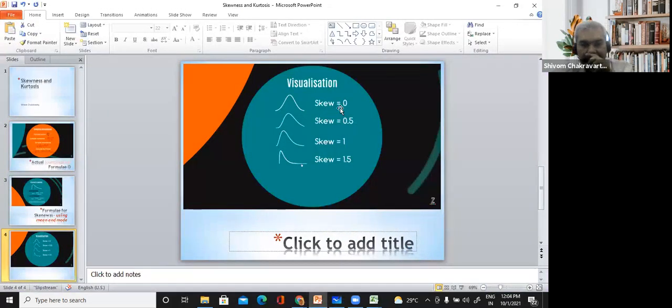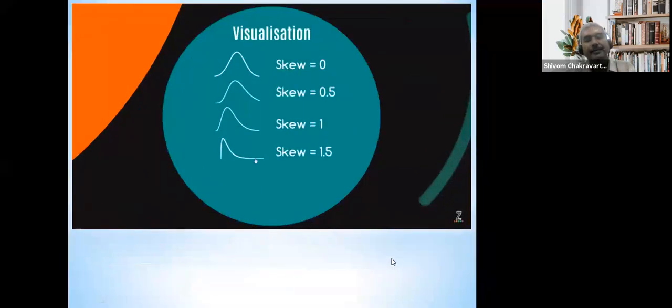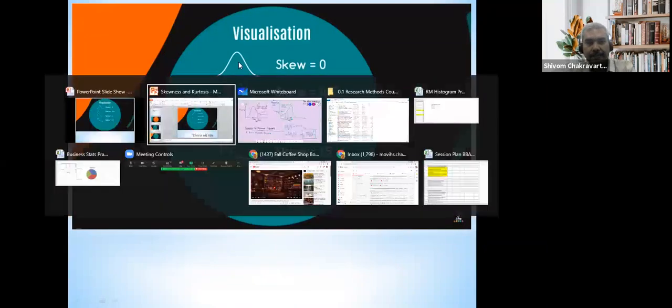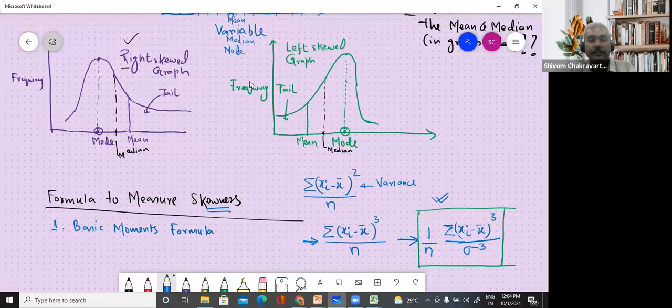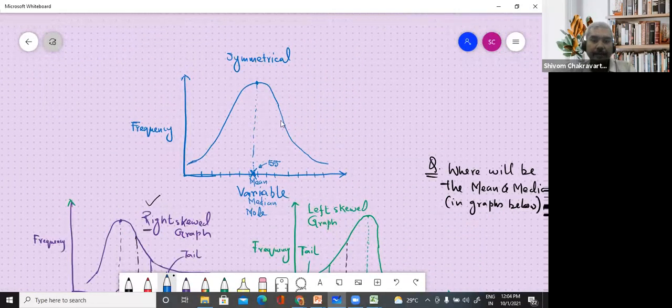Now, this is an important slide. If skewness is 0, that means the graph is symmetrical. So in the symmetrical graph, skewness will be 0.